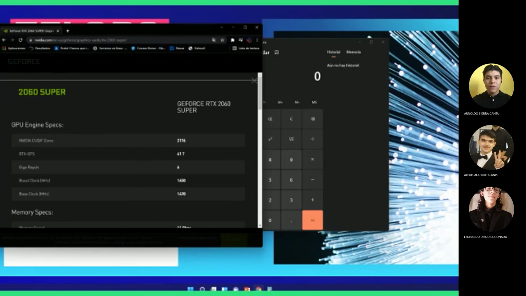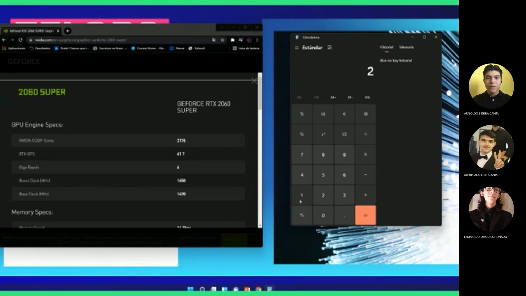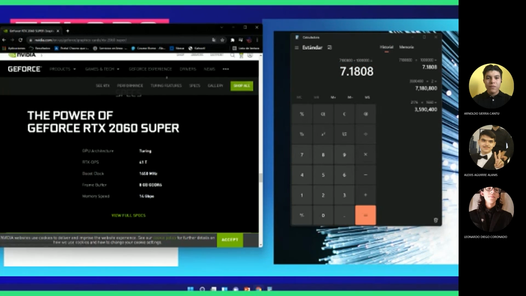We can see that it has 2176 CUDA cores times the base clock, but in this case we're going to take the boost clock, 1615, times 2, divided by 1 million, and we have that this graphics card has a theoretical power of 7.1 teraflops. That's very nice.